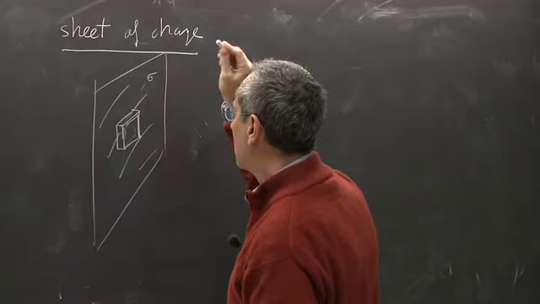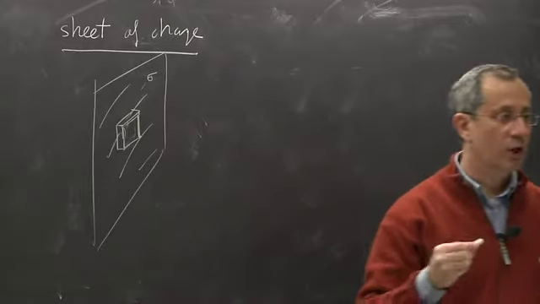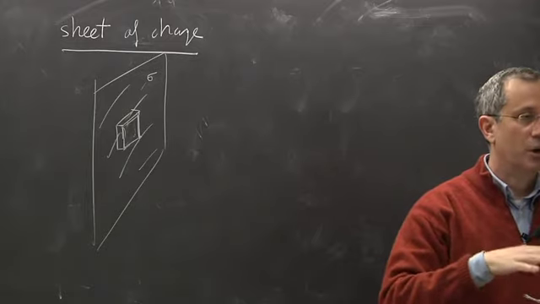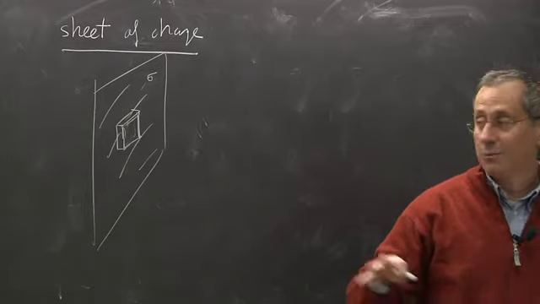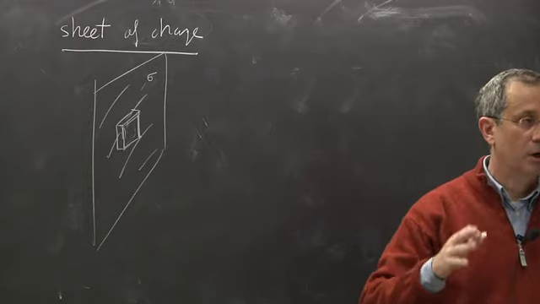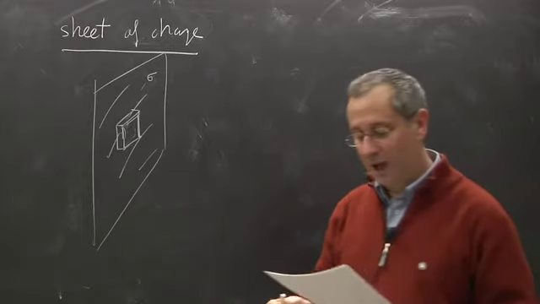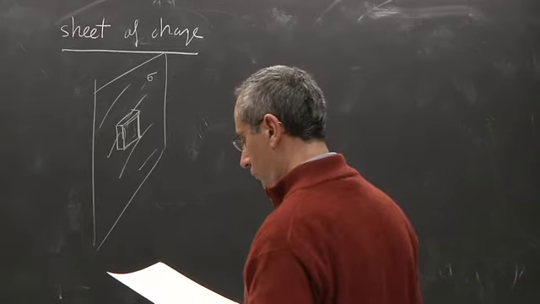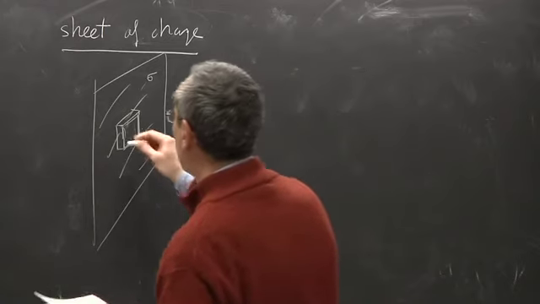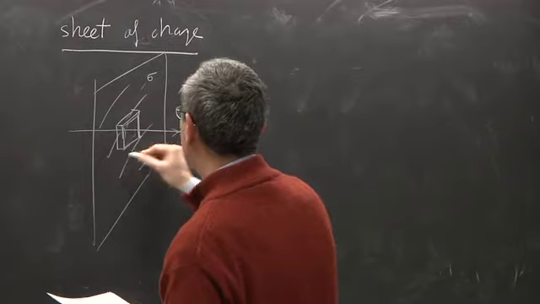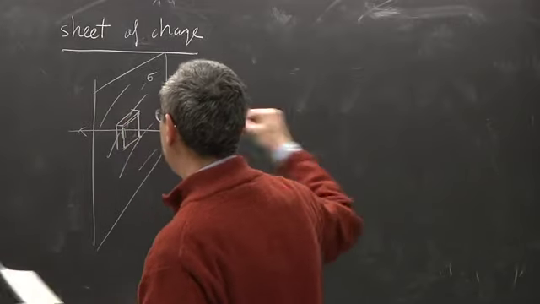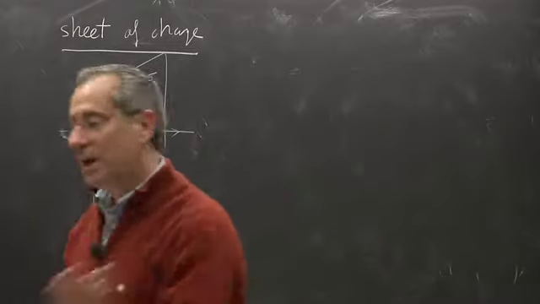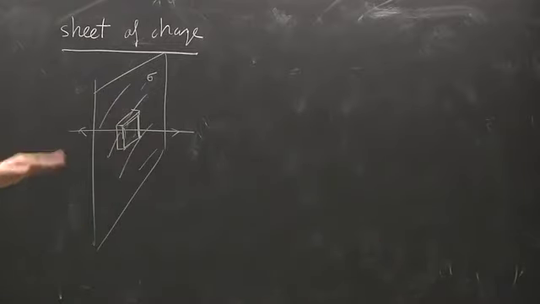Let's call the charge density sigma again. This is the density of surface charge per unit area; before, it was the density of charge per unit of length. Because of the symmetry, the electric field on both sides should be perpendicular to the plane, because there is no way it cannot be perpendicular.